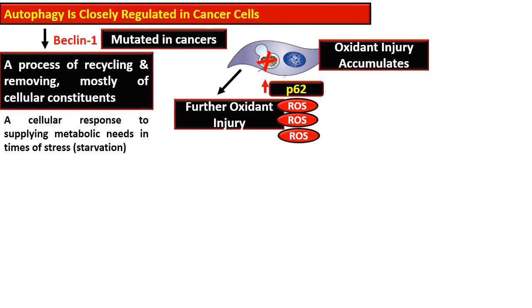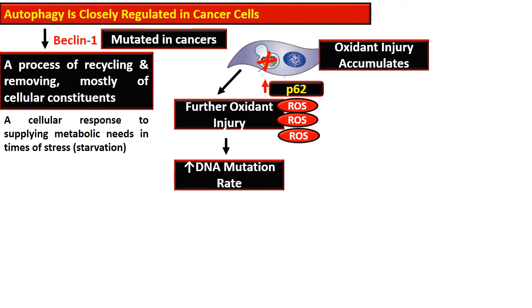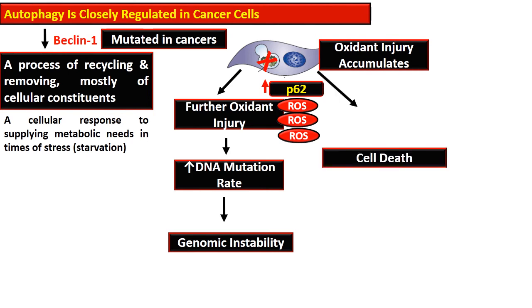Without the P62, the oxidized aggregates do not form, and the resultant genetic damage, which is due to these reactive oxidant species, does not occur. This accumulation will lead to increased rate of DNA mutation that will be responsible for genomic instability.